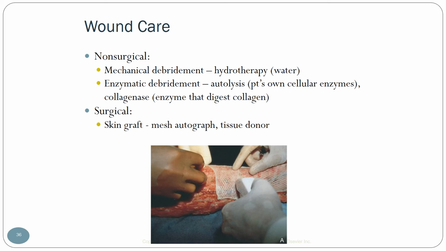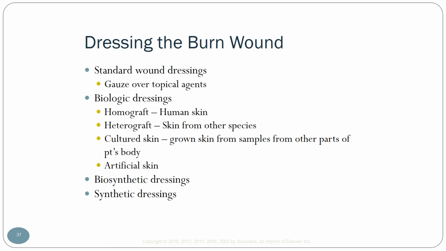We can do surgical interventions, and with our deeper burns, it's absolutely necessitated a lot of times. We can do skin grafting with mesh autografts, which would be an autograft that comes from the burn victim or from a tissue donor. So we can use donor grafting.